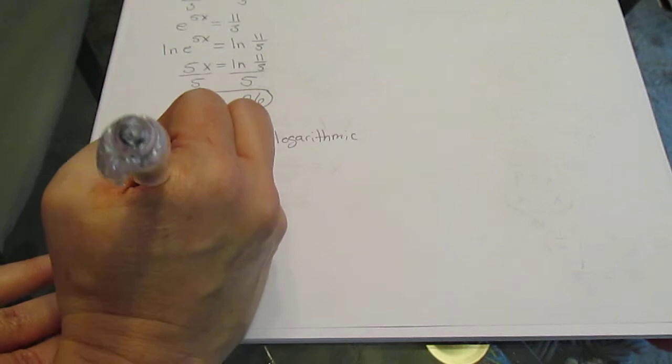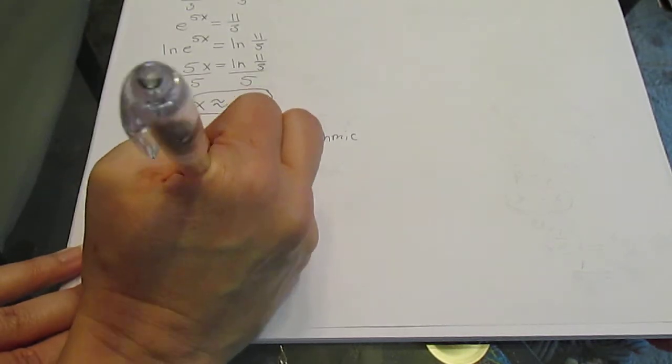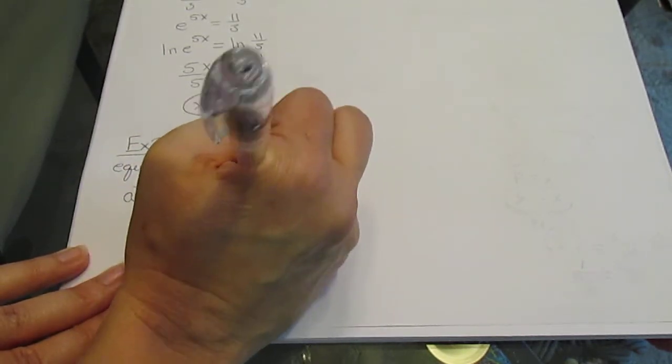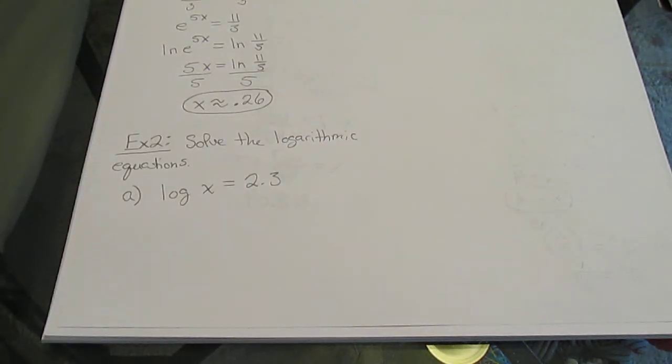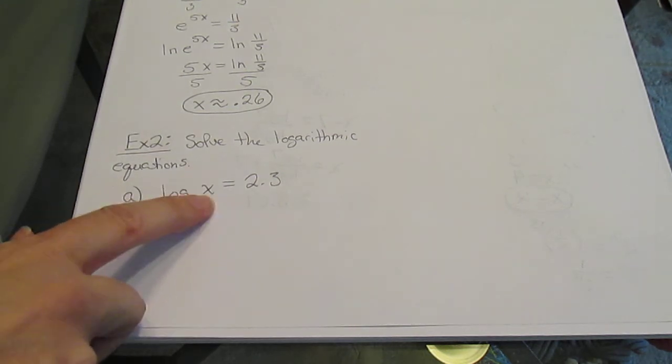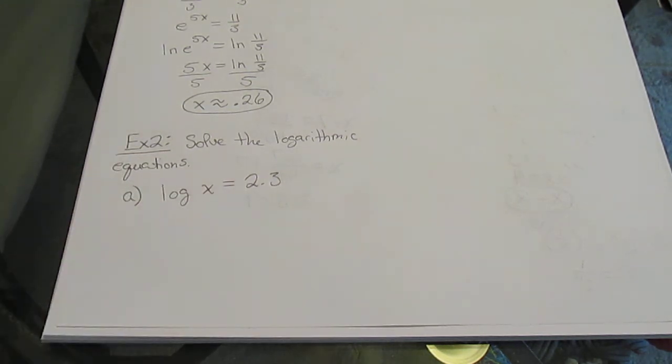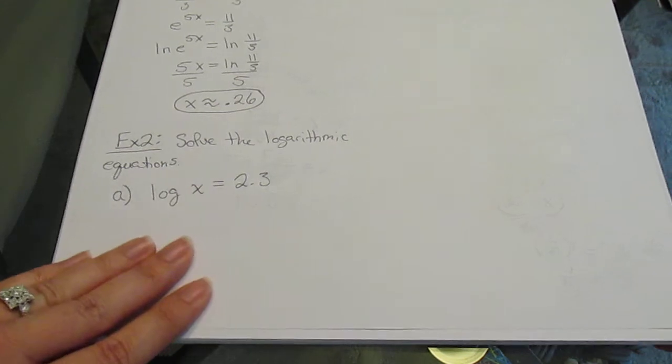Part A, they give me log of x equals 2.3. Okay, well, the easiest way to approach these, when you've got the log of your variable, is to change it into exponential form. That's the whole reason why we learned how to go back and forth.